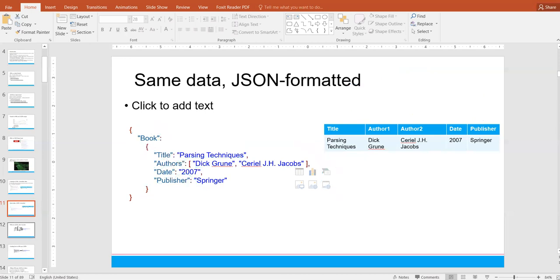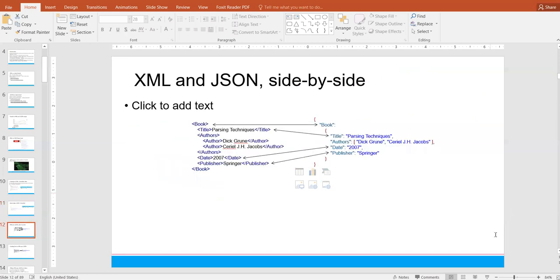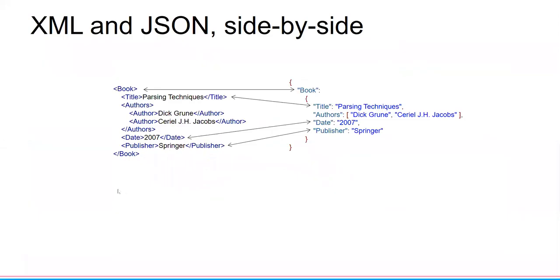Now, if you want to compare XML and JSON, what is the difference? If you look at them side by side, they are the same. We have the book, and then the title, and then the date, and then the publisher. So basically, they are the same.